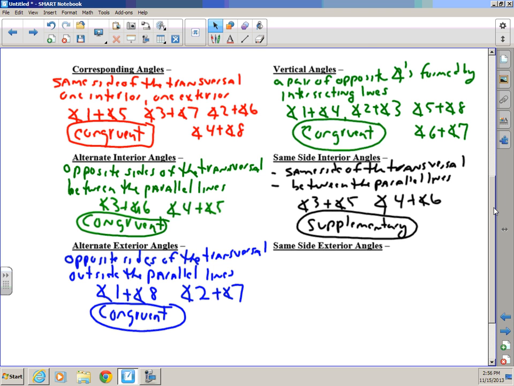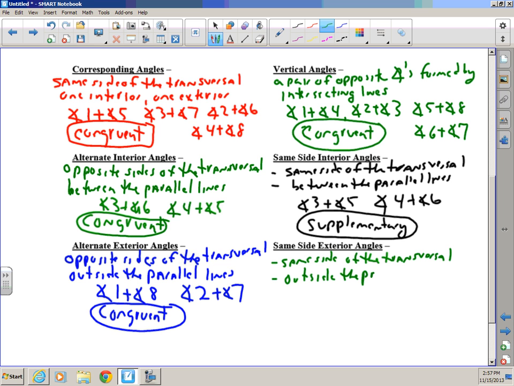And then lastly, same side exterior: same side of the transversal, outside the parallel lines.